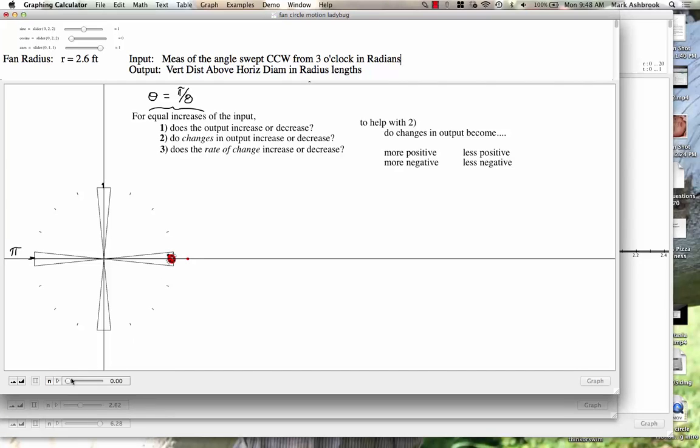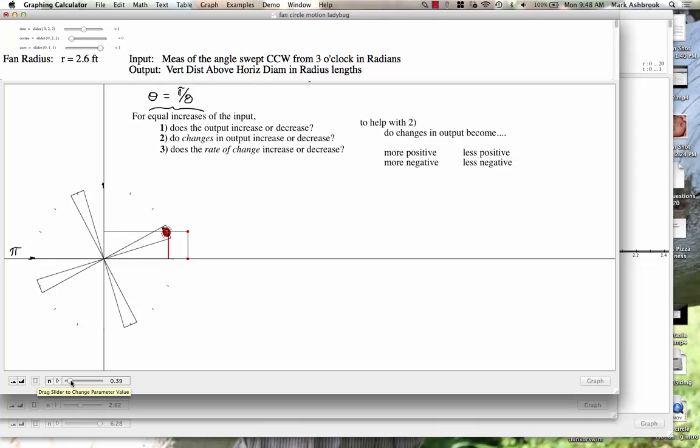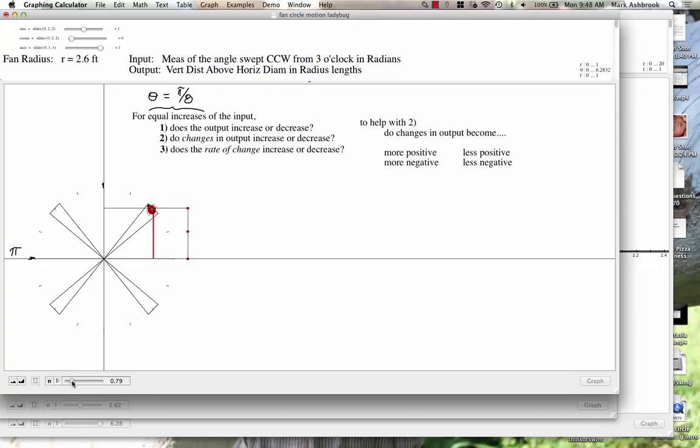I'm going to take the first pi eighth, like this. Did the output, the vertical distance above the horizontal diameter, increase or decrease? Increased, right? Because the bug's going up, so it's higher above the horizontal diameter. Next change. Did the vertical distance above the horizontal diameter increase or decrease?